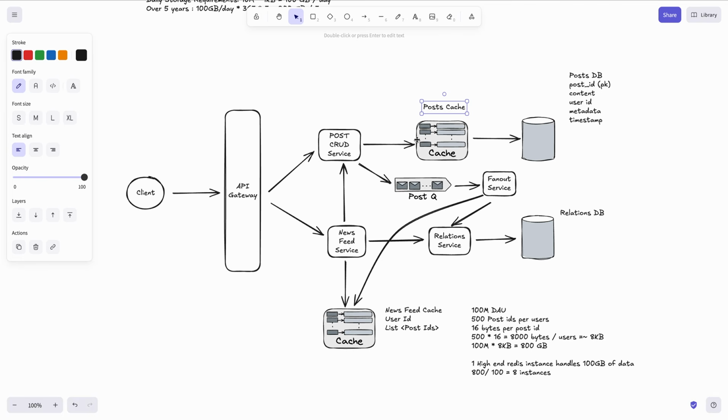This means we get a very high cache hit rate. This two-tiered caching strategy ensures that everything a user sees, from the list of posts to the actual content, is served from a high speed in-memory cache, and with this we completely minimize slow database lookups, and as a result our newsfeed loads incredibly fast.